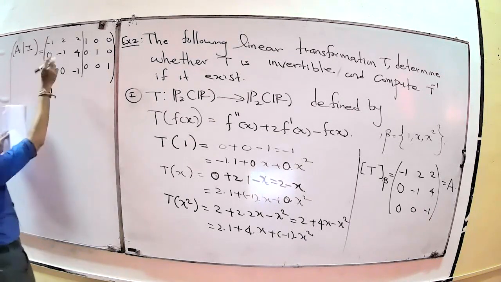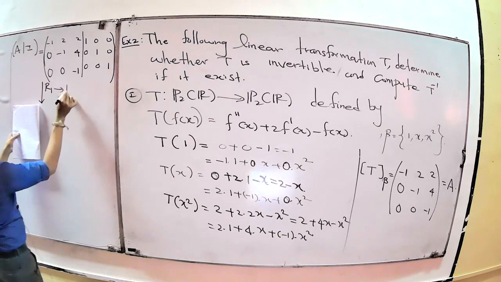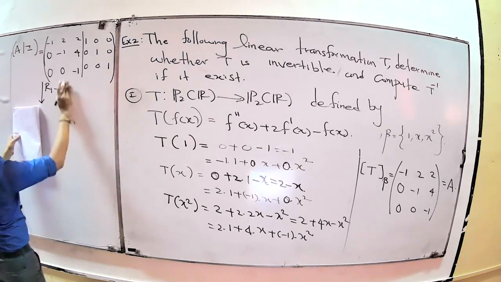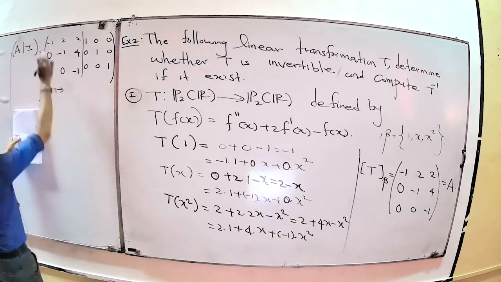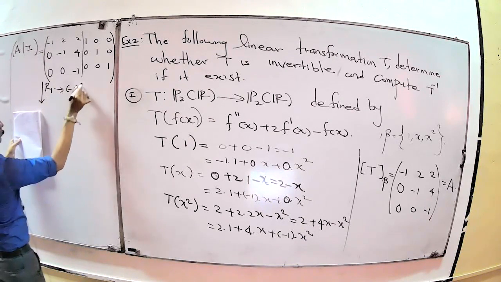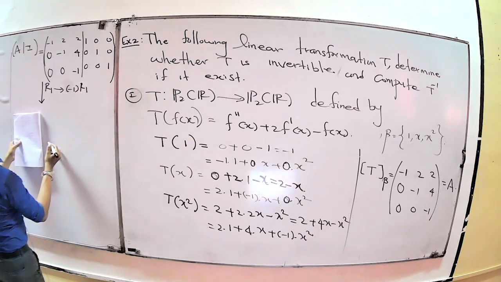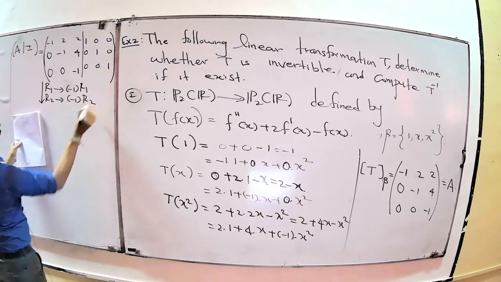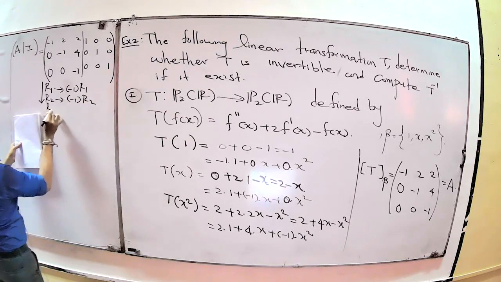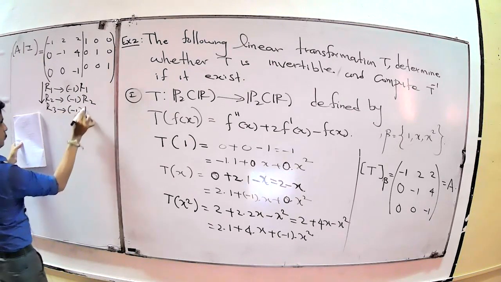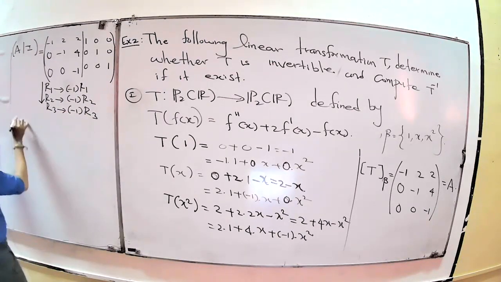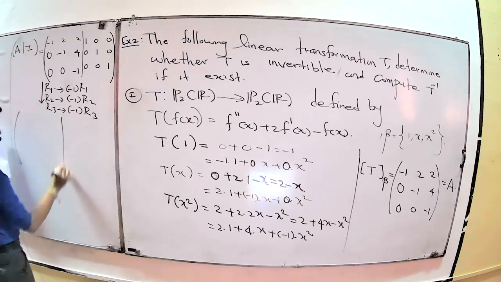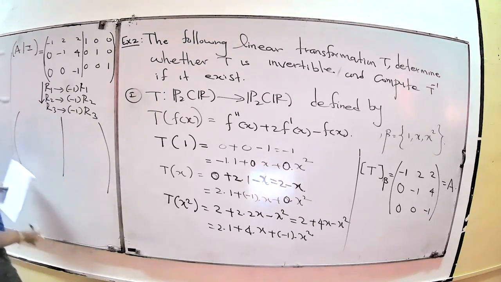First of all, multiply the first row by minus 1, the second row by minus 1, the third row by minus 1. Then you get the new matrix.